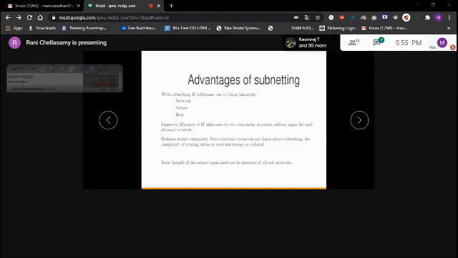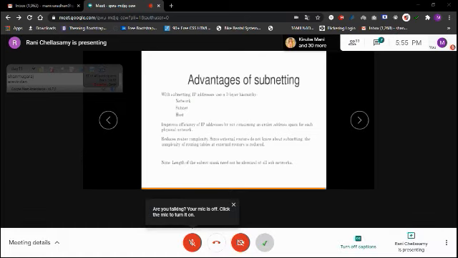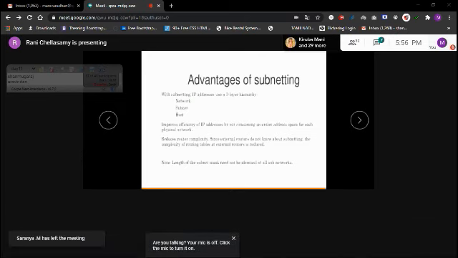This was announced in the year 1996, which allows ISPs, that is Internet Service Providers, to assign more IP addresses as requested.